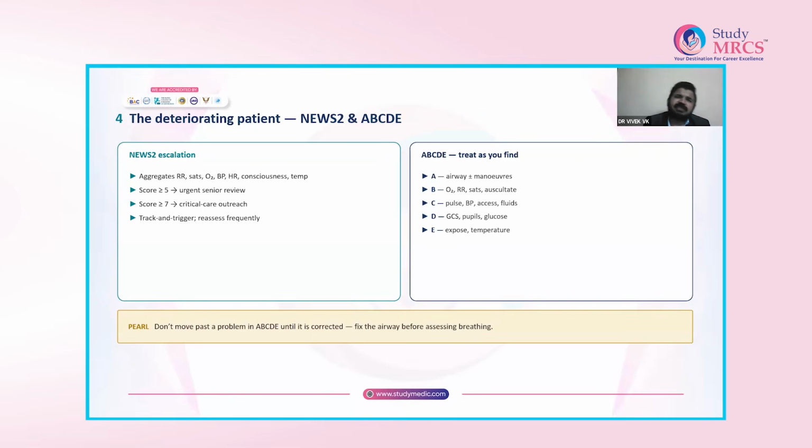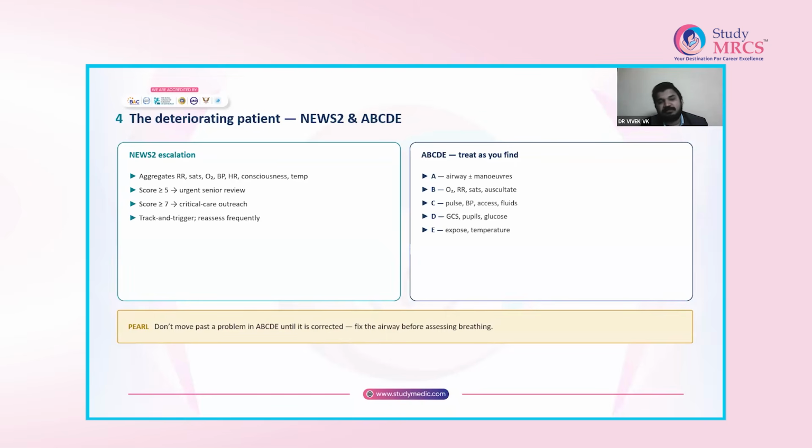And you can check the oxygen saturation of the patient. And obviously you have to auscultate the patient, whether the air entry is equal on both sides and also in all important areas of the chest wall.